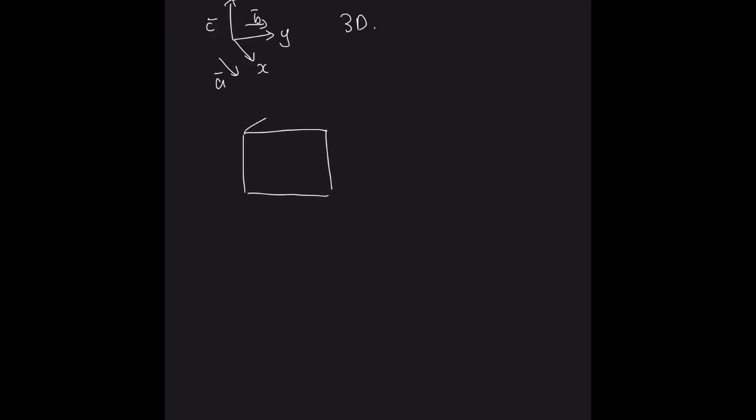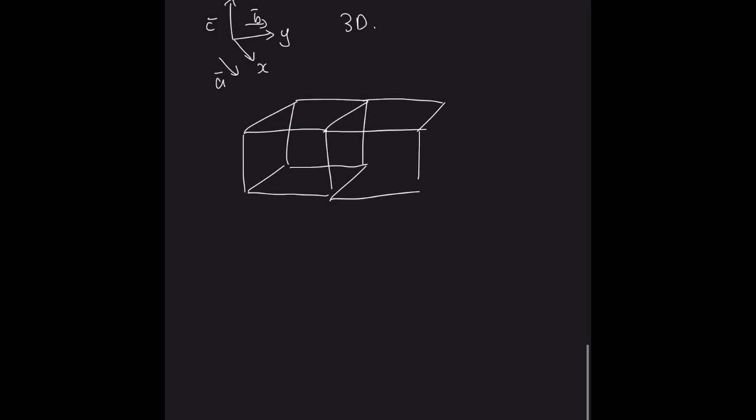I didn't really introduce what a unit cell is just now, but just imagine it as a structure or a component that repeats through space. So if we have a unit cell here, then whatever is in that unit cell will repeat above, behind, to the left, to the right, in front of, and below it. And it will go on infinitely.